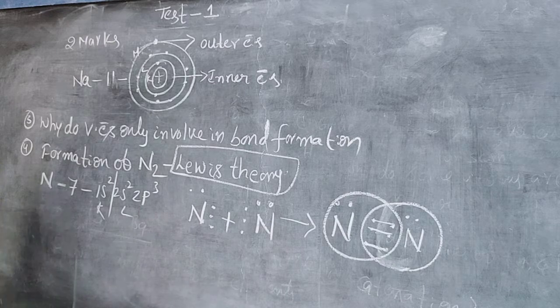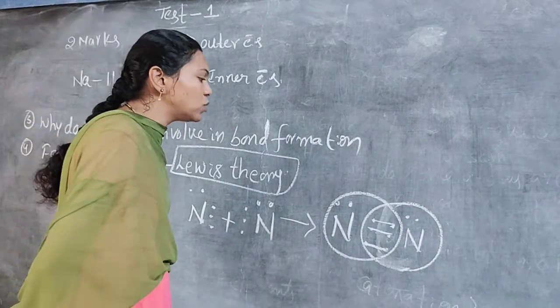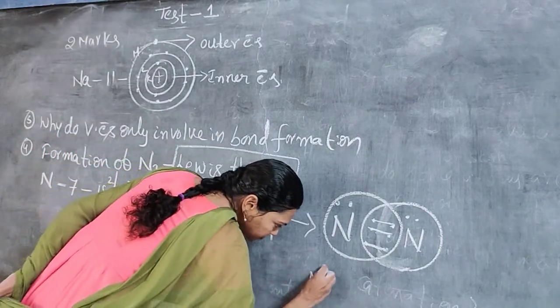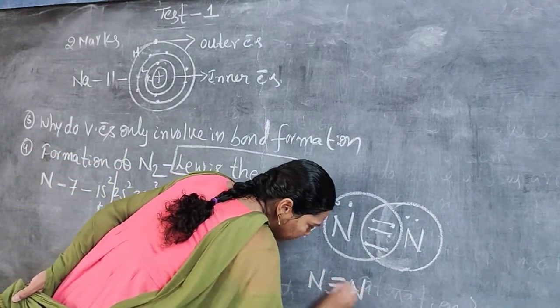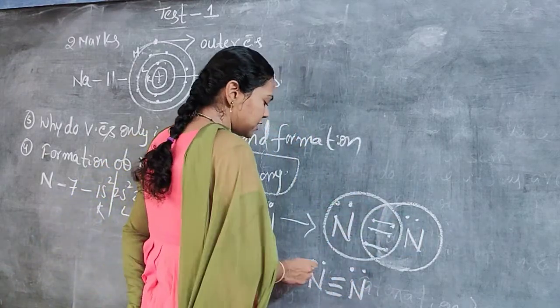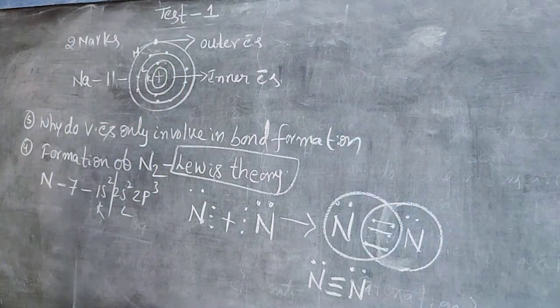Of the 5, 3 electrons are shared, producing a triple bond with 6 electrons shared by the 2 nitrogen atoms, N triple bond N. One lone pair of electrons still remains on each nitrogen atom. This is the formation of the N2 molecule according to Lewis theory. These are the 2 marks questions.